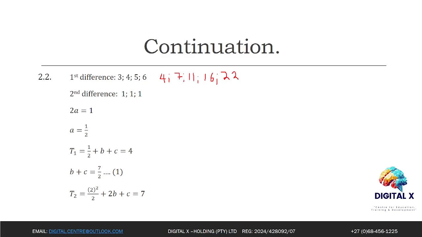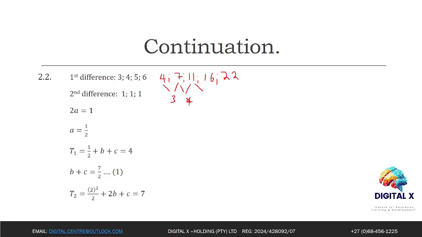So these are the terms of our sequence, and we are told that it has a constant second difference of 1. So if you subtract 4 from 7, obviously you get 3. The same goes for that, you get 4.